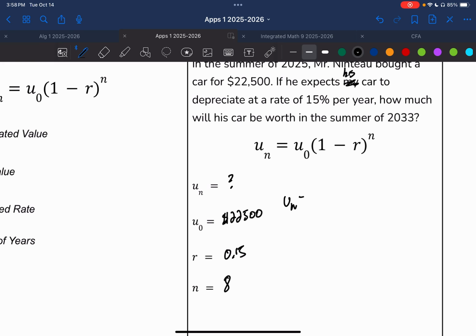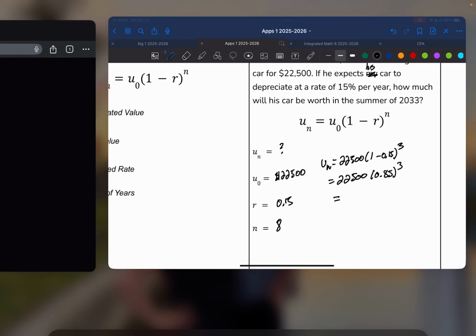So then we have U_n is equal to 22,500 times 1 minus 0.15 to the third power. That's going to be 22,500 times 0.85 to the third power.